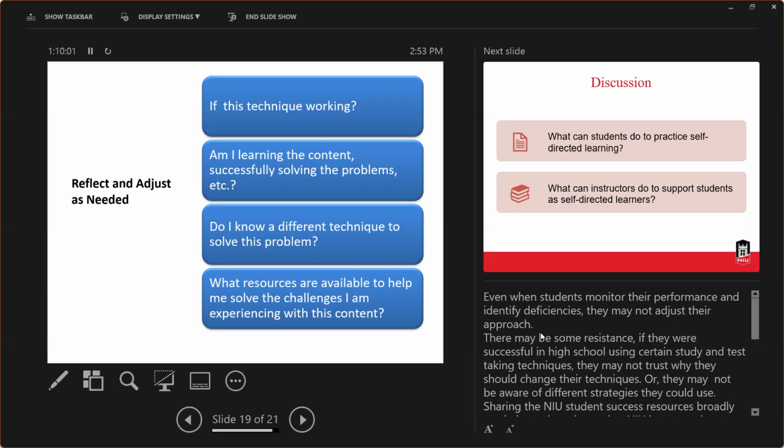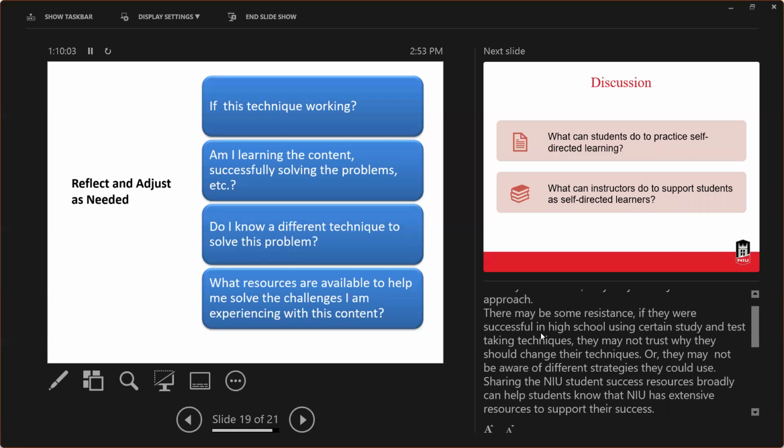And sometimes there might be some resistance, because they might feel comfortable using a technique that they learned in earlier courses, that they learned in high school. They might not trust that they should change their techniques. They say, well, this has been working for me, so I'm just going to keep doing it that way.